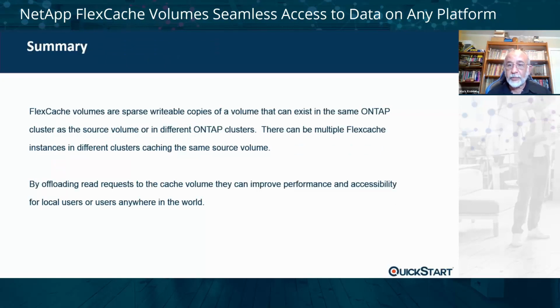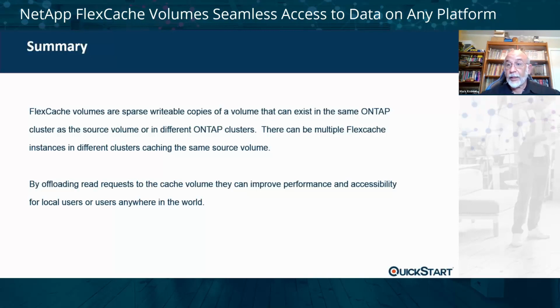FlexCache volumes are sparse volumes, meaning that they only need to be big enough to hold the active working data set out at that location. We can have multiple caches pointing back to the same origin, which gives us the ability to step forward into that whole idea of a global namespace.